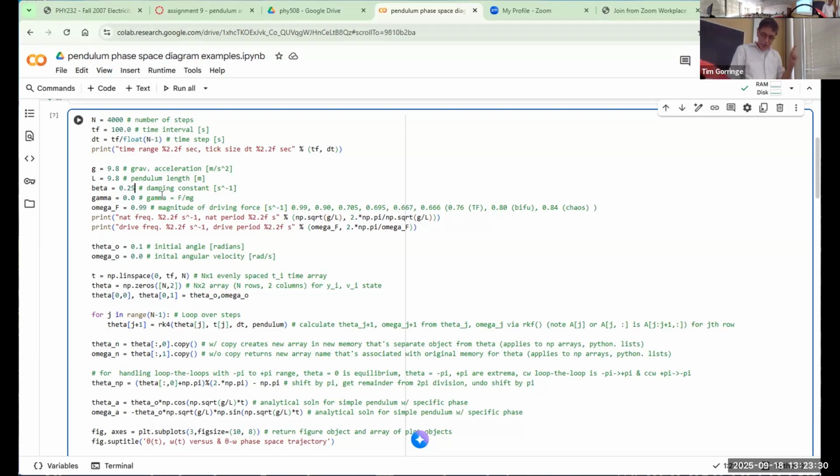There was a damping constant, beta 0.25, that I worked with. Then I'm going to start with a gamma of 0.99.